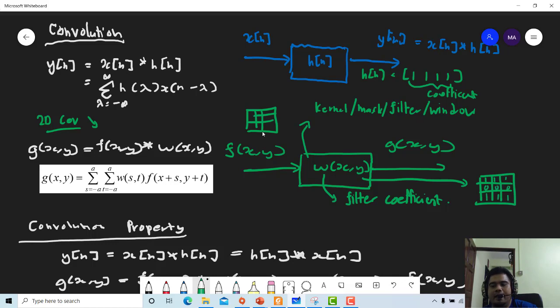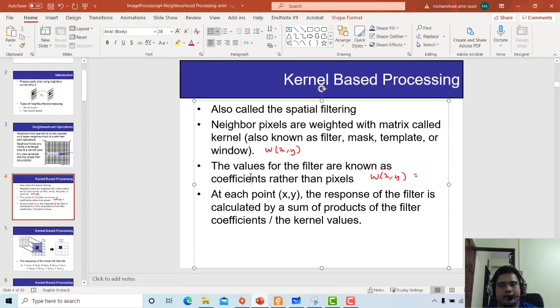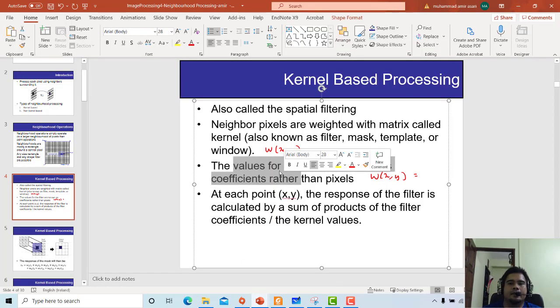I just give some numbers there. The elements inside W are not pixels, it is better to call them filter coefficients, while in the input image, of course, everything there is pixels. That explains the third point in this slide. I hope you all understand that statement.